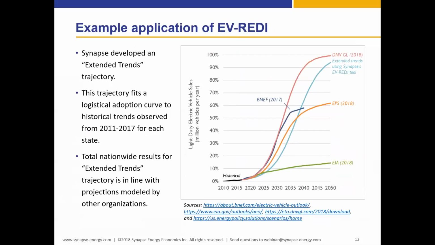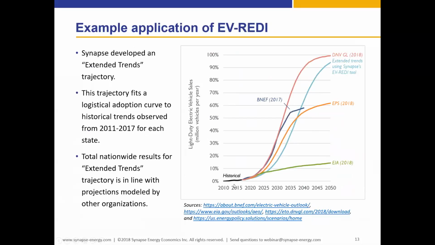If you've been following our blog, you may have seen a recent blog post about EV-REDI where we developed an extended trends trajectory. This extended trends trajectory is the same logistical adoption curve we were looking at on the previous slide, but extrapolated through 2050.